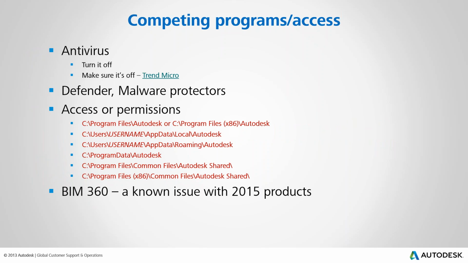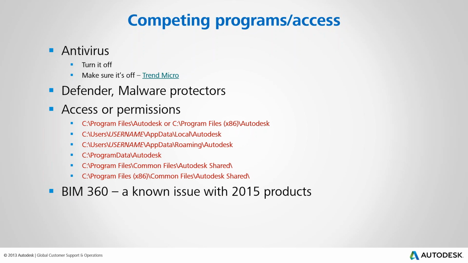So let's dig into some of these in a little more detail. As far as the competing programs and access, access problems can be a result of any number of things really, usually antivirus software, anything that's going to prevent changes to your registry, anything that cleans the registry, any registry cleaners like CCleaner, I know, is a popular one that a lot of people use.